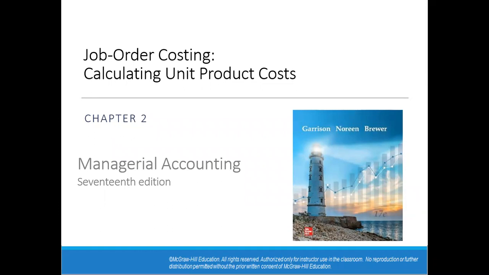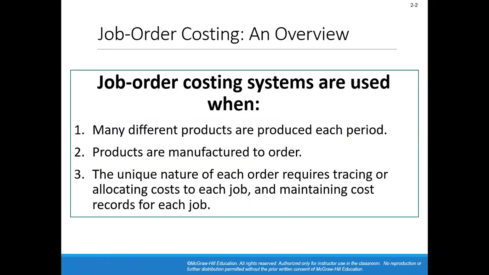And it happens to some particular companies, not all companies. I have given you an example of a company which produces t-shirts for students. For that particular kind of company, job order costing is used.